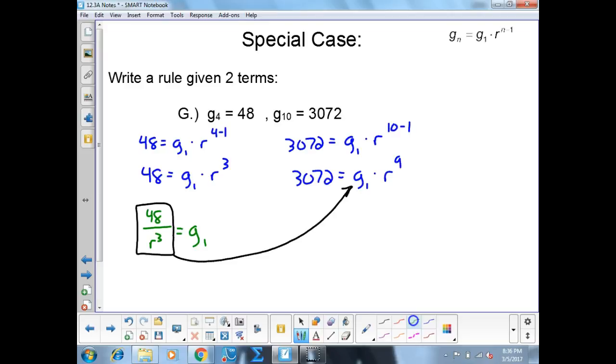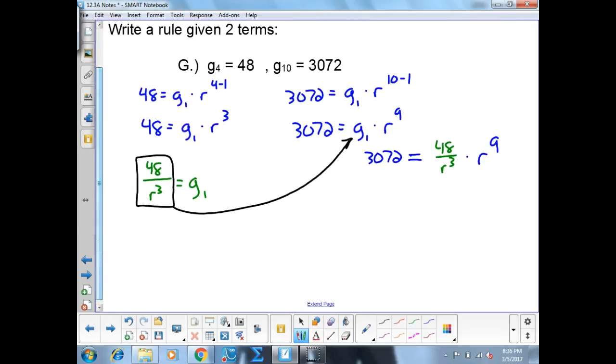So then that becomes 3072 is equal to 48 divided by r cubed times r to the 9th. R to the 9th divided by r cubed is r to the 6th. So this is 3072 equals 48 r to the 6th power.